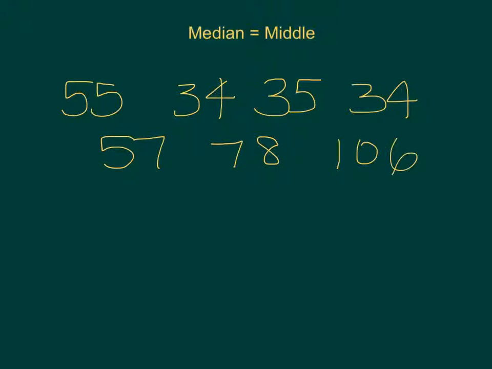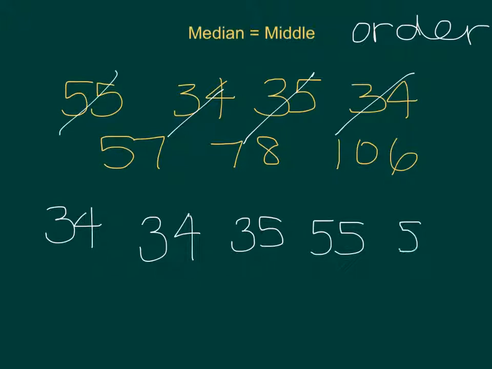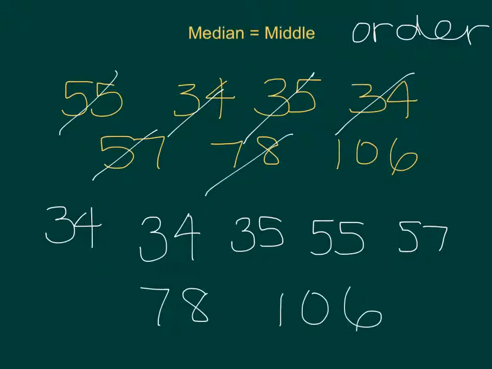And we wanted to find the number that was in the middle. You first have to write them in order from least to greatest. That's always step one. So we write these out, and we have a 34, we have another 34, we have a 35, we have a 55, we have a 57, we have a 78, and we have a 106.